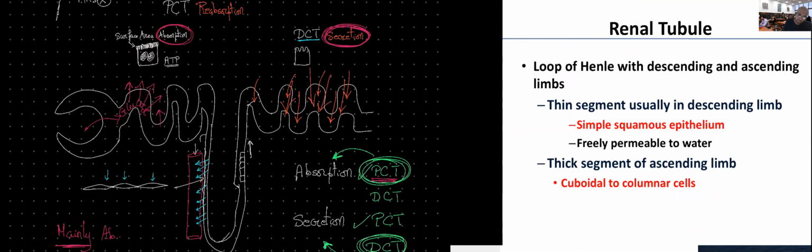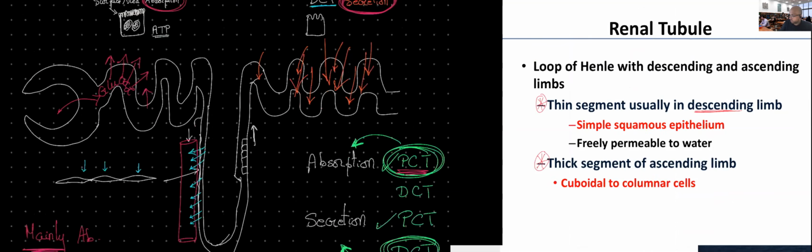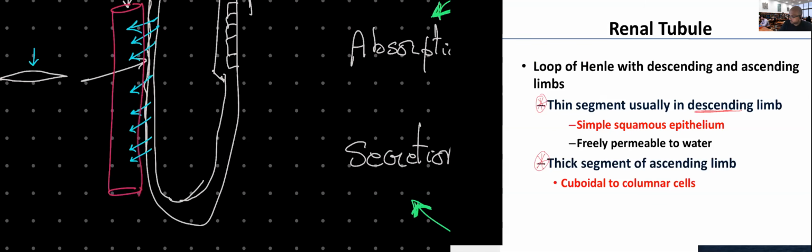Loop of Henle, again, I have two segments, a thin segment and a thick segment. The thin segment is going to be in the descending limb. It's going to be formed of simple squamous epithelium, just one row of flat cells, as you see here. And this one row of flat cells is going to create very minimal resistance, which I need to allow free water reabsorption.